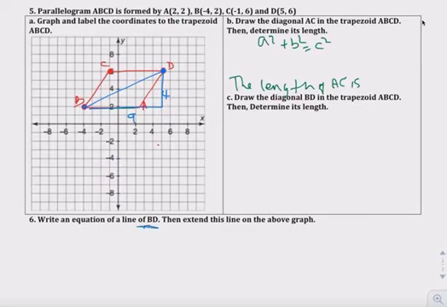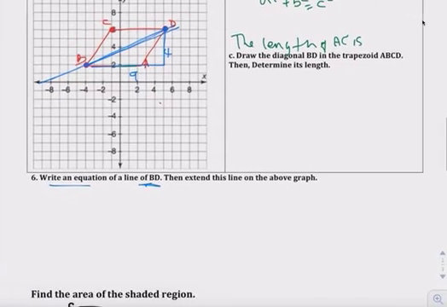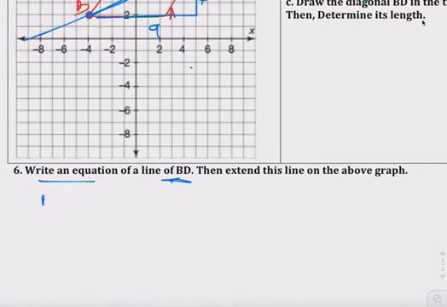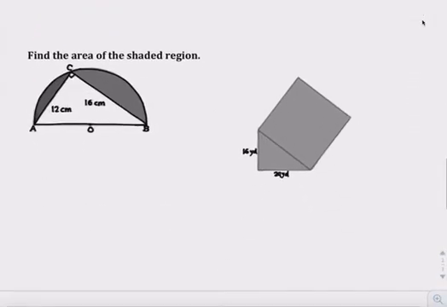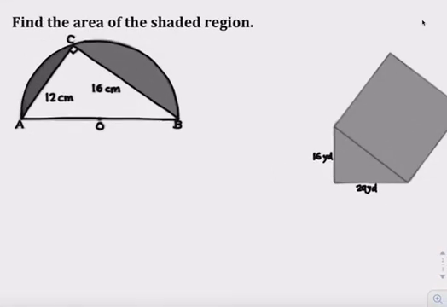BD. Remember, rate of change first. Find the rate of change. M equals y2 minus y1 over x2 minus x1. Okay, and you do that. You finish that. Area, the shaded region.